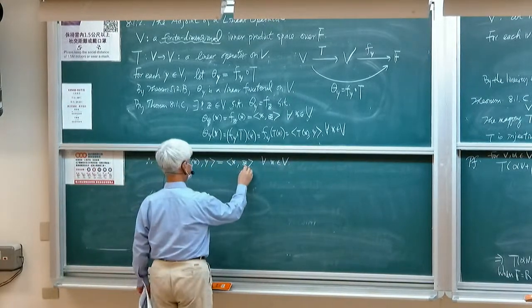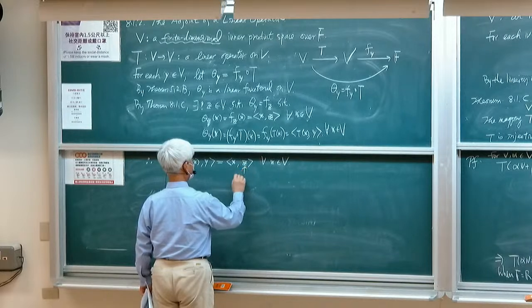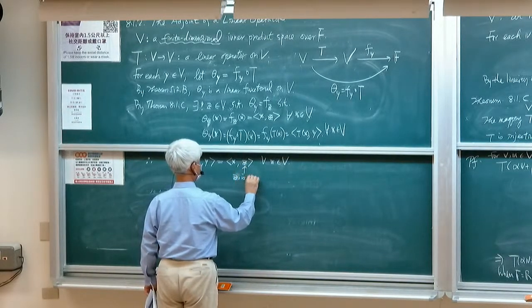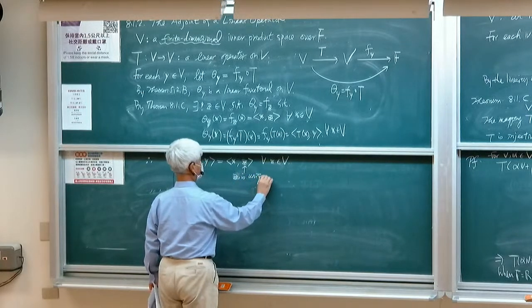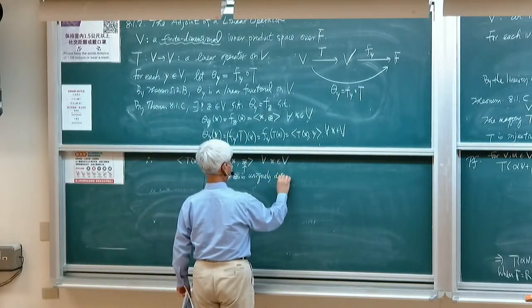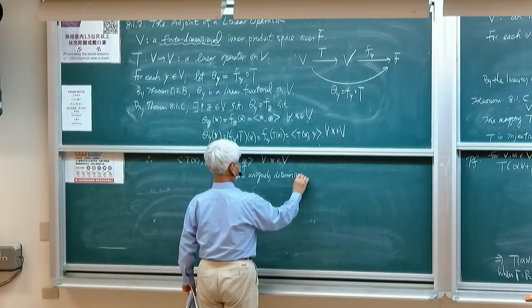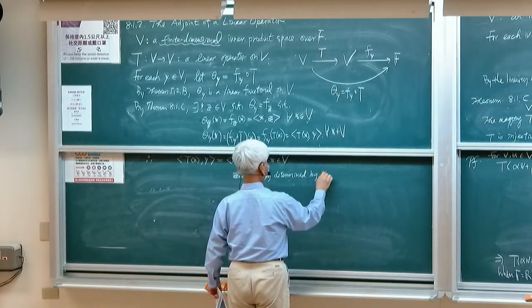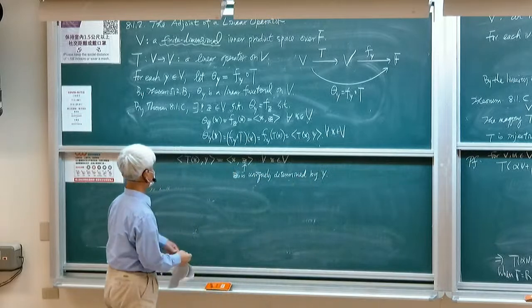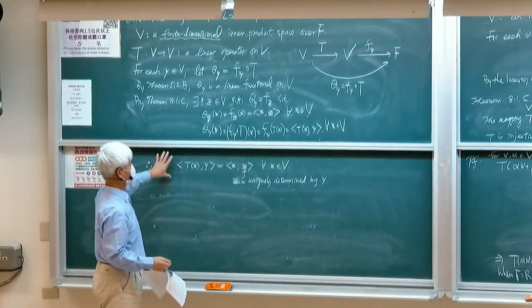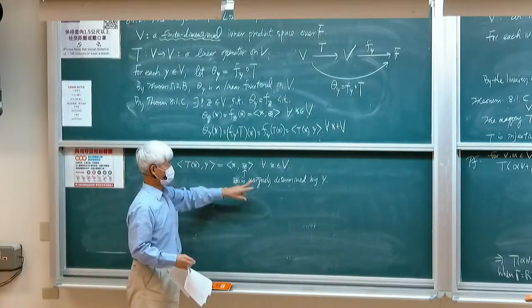And here, z is uniquely determined by y. Okay? From the previous slide, you know that z is uniquely determined by y.